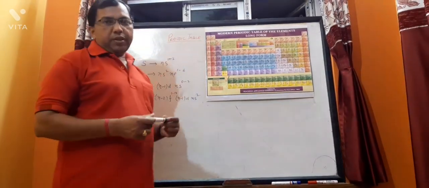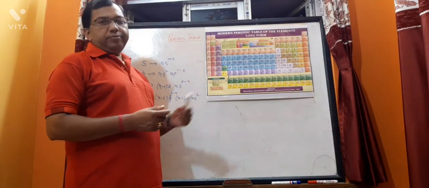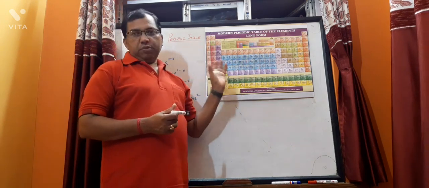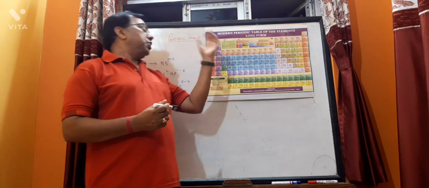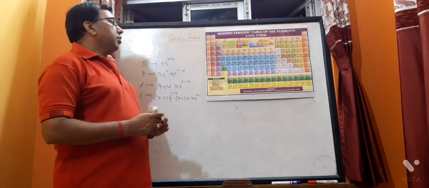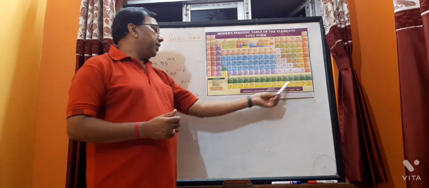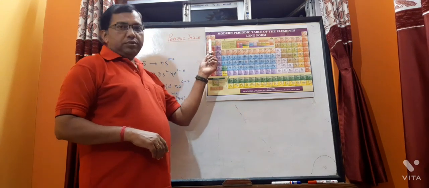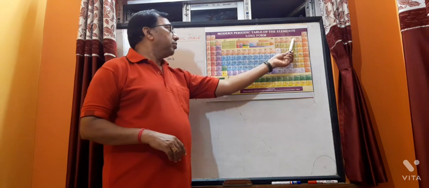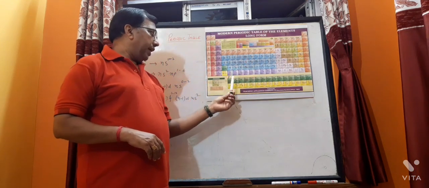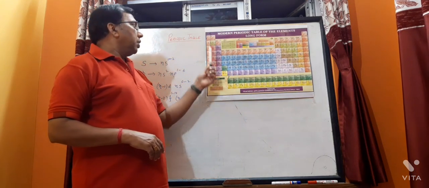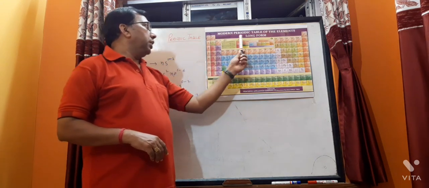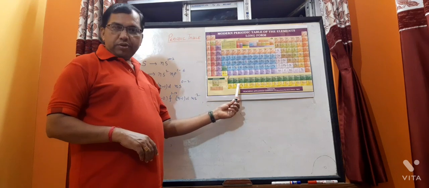Now, on the basis of electronic configuration, there are total 4 blocks in the periodic table: s block, p block, d block, f block.